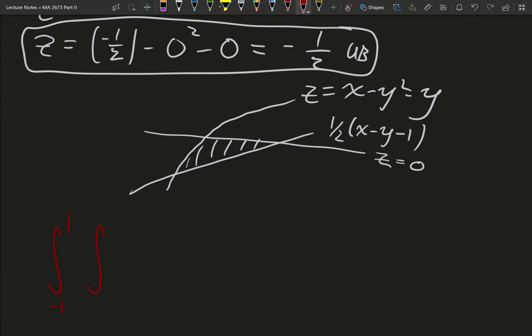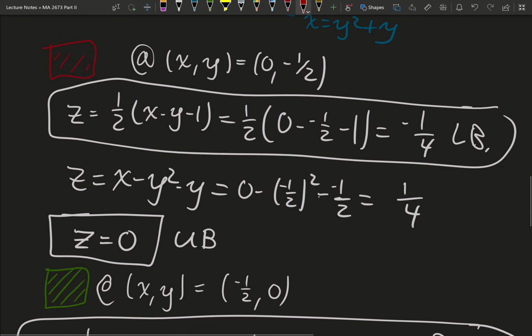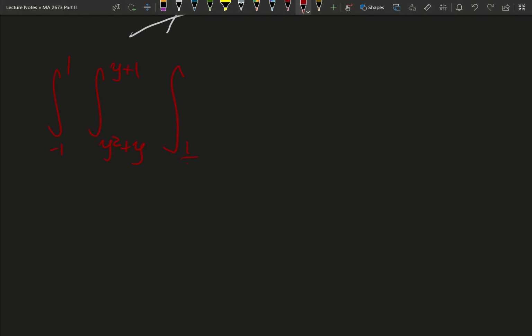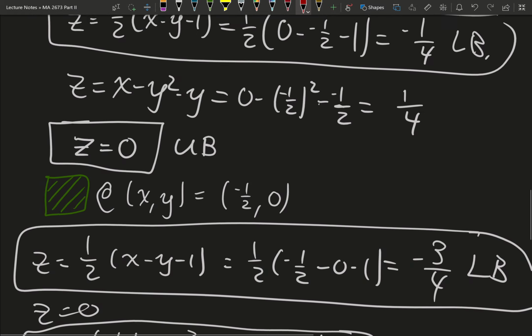Our x goes from y squared plus y to y plus 1. And on this region, our lower bound for z is 1/2 x minus y minus 1, whereas our upper bound is given by z equals 0.